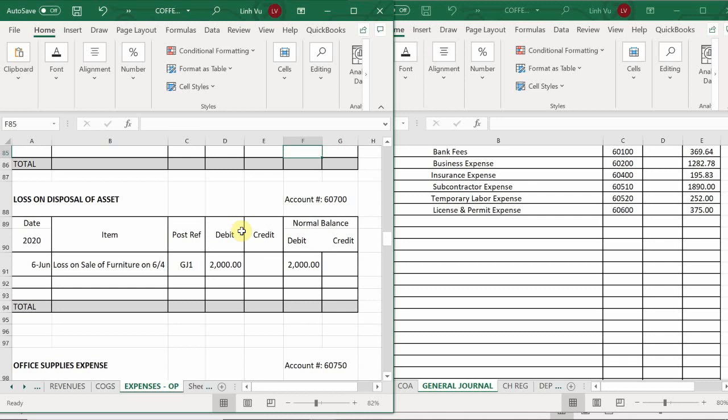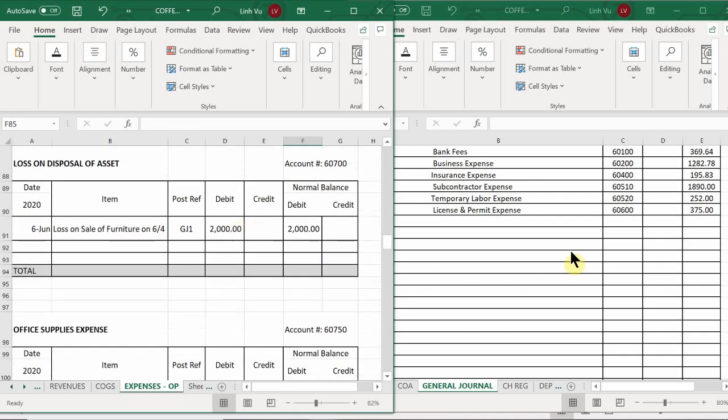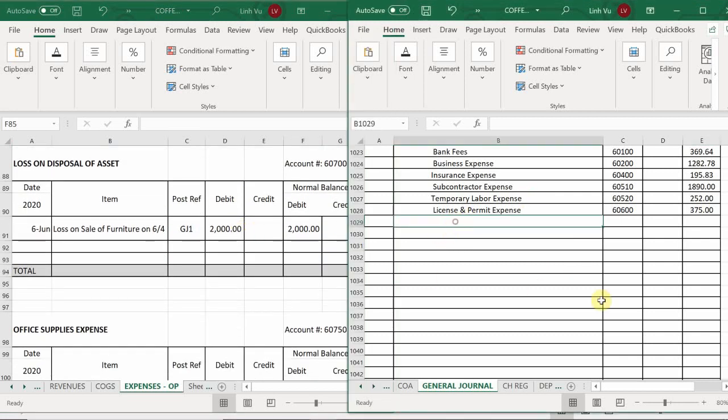Next account we have is loss on disposal of asset. Okay. Account number 60700.